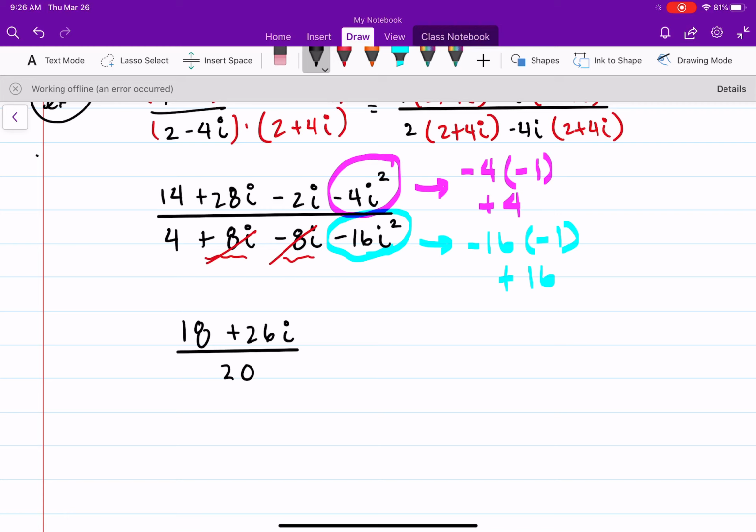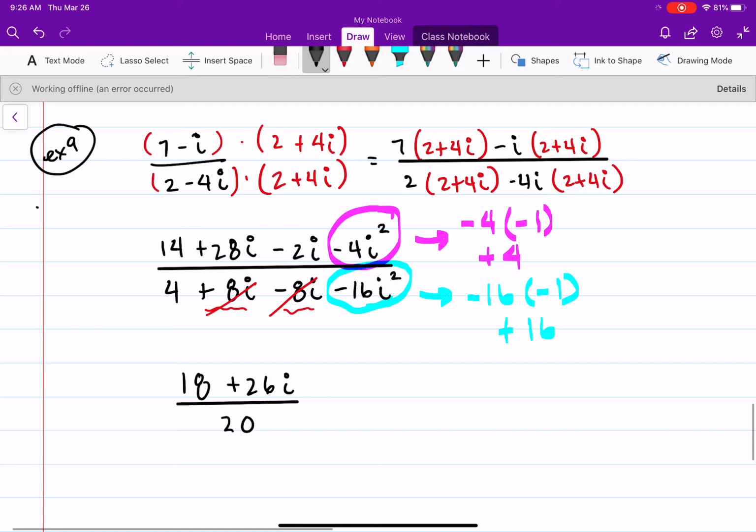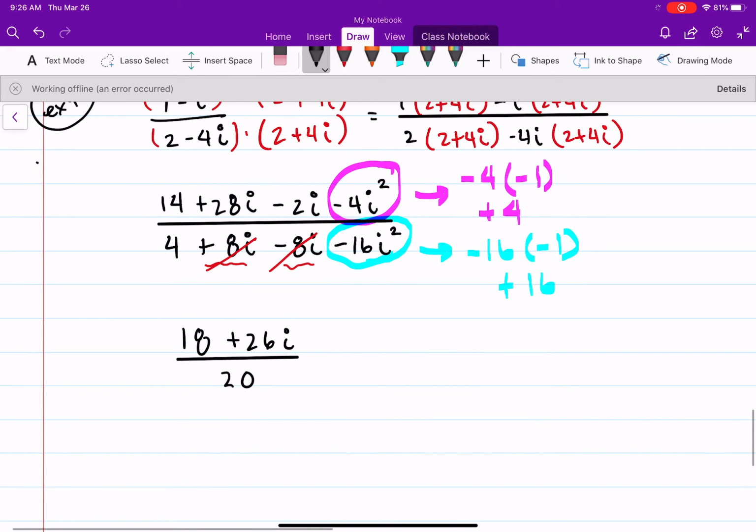On the top I foiled, or double distributed, but on the bottom, since they're conjugates, I don't have to foil because the outer and inner terms go away. All I need is the F and L, first and last, because they're conjugates.